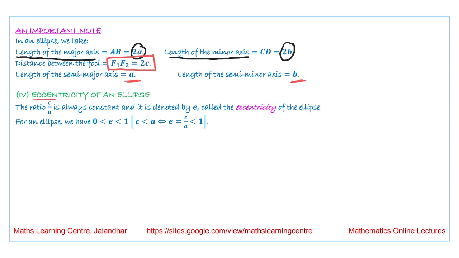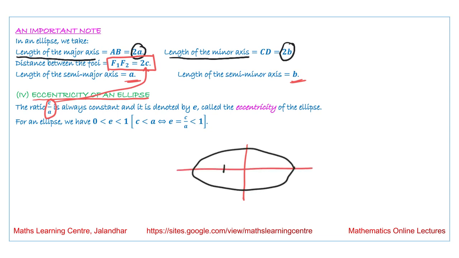Next is the eccentricity of an ellipse. We say the ratio c is to a, where 2c is the distance between the foci. We have an ellipse over here. This is focus F1, this is focus F2. These are the two vertices that we have.